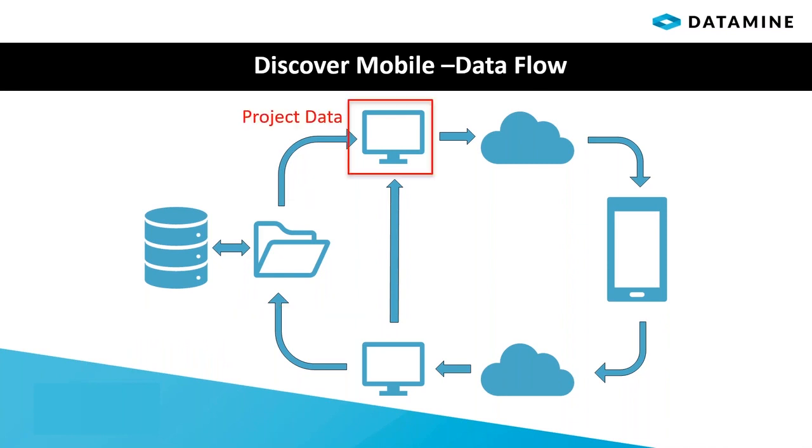So what we do is we create a data project, a mobile project, on the Discover desktop. You can start a workspace with all your source data. You'll clip out your data and it will become read-write, so you can write to that data. It also contains the data within, so it clips the data to a certain area.